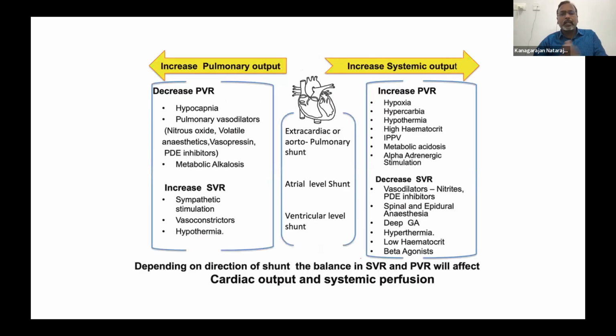As an anesthesiologist, you are well versed with how you can increase the pulmonary output by decreasing the PVR, and how to increase the systemic output. Because if you deal with any neonate with a left to right shunt, right to left shunt, or a duct dependent circulation, then balancing the SVR and PVR is going to be the key in managing the cardiac output.